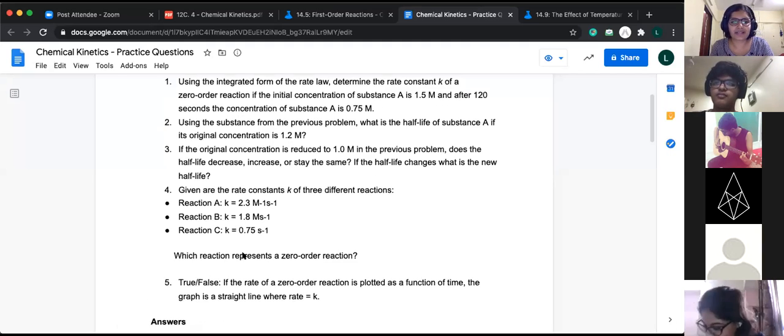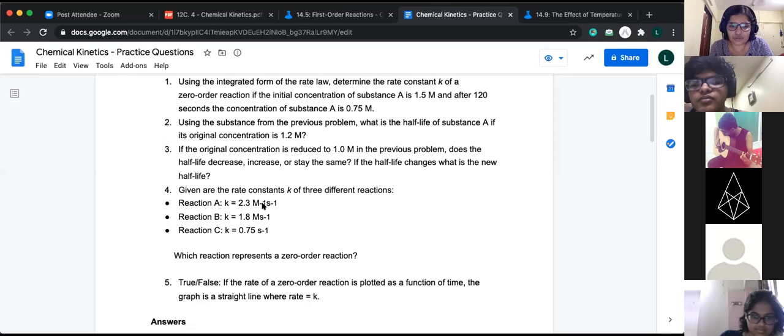Cool. All right. Question number 4. Given are the rate constants k of 3 different reactions. So reaction A has this, reaction B has this, reaction C has this. Which of these represents a zero order reaction? The minus 1 should be in the superscript.